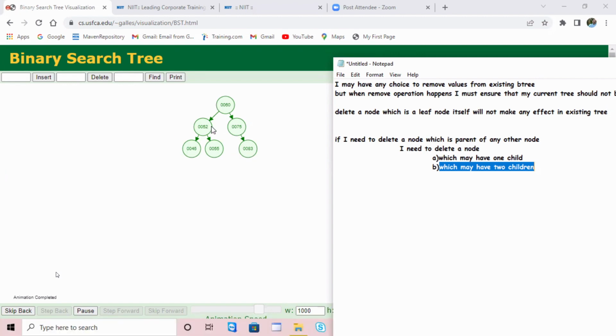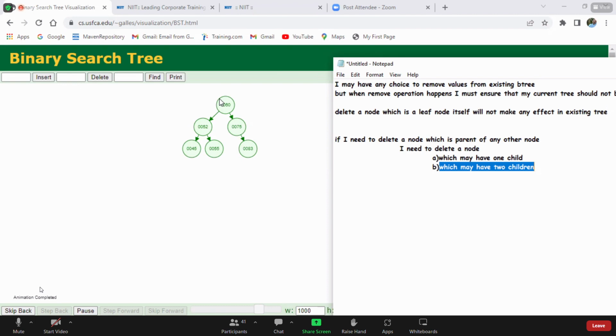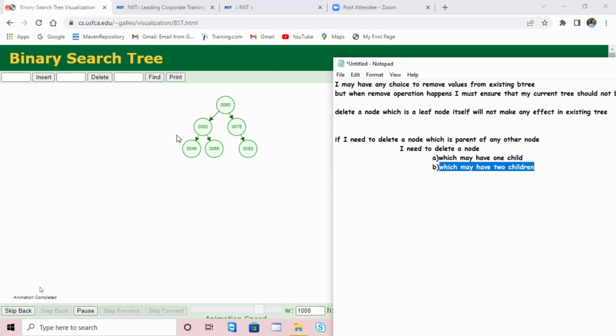Or whenever I delete, suppose, 52 or 60, what will be the next arrangement of the values? First take a screenshot of this picture, and then I will arrive with a delete operation. Your observation is required.